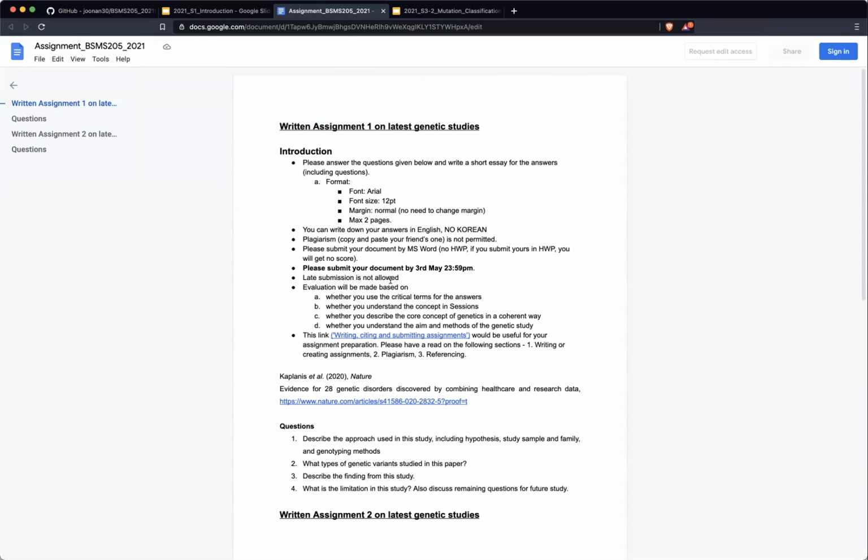Also, the first assignment is based on a scientific publication, and some of you might not be really familiar with reading this stuff. So what I can tell you is to prepare in advance, right? You have to schedule your time and check when the submission date is and how you schedule your time with other subject studies and midterm exam preparation. So be on that preparation and also schedule your time.